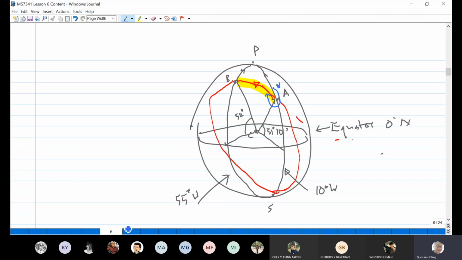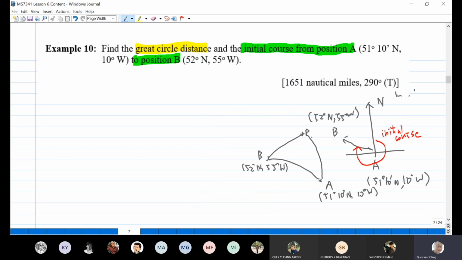Okay, so in terms of diagram, this is a usual bearing diagram, but we need this for your understanding, how everything corresponds. But in terms of planet Earth, the diagram is supposed to look something like this.